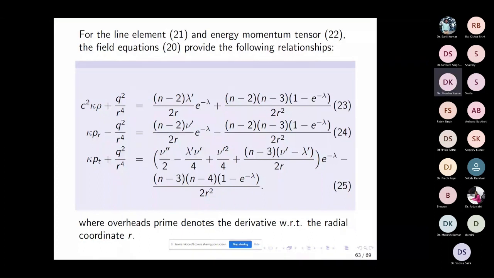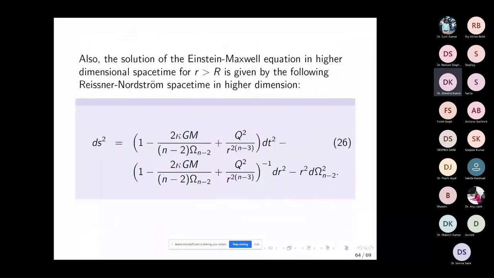In these, rho, p r, p t, q are unknown quantities, and again lambda and nu are also unknown quantities, in higher dimensions. And similarly we can take the regional non-Newtonian metric in higher dimensions, which is given by equation number 26.